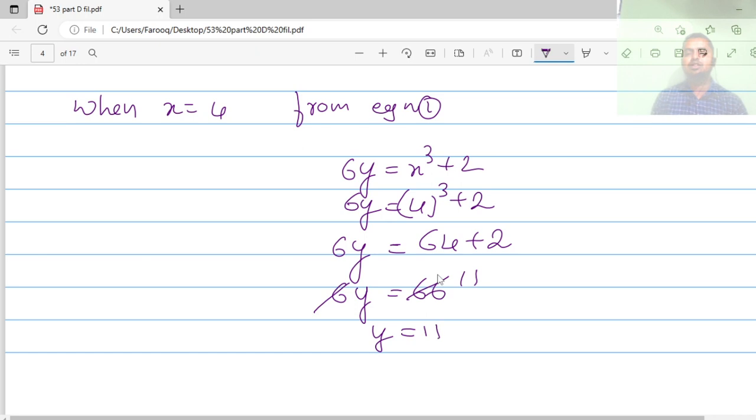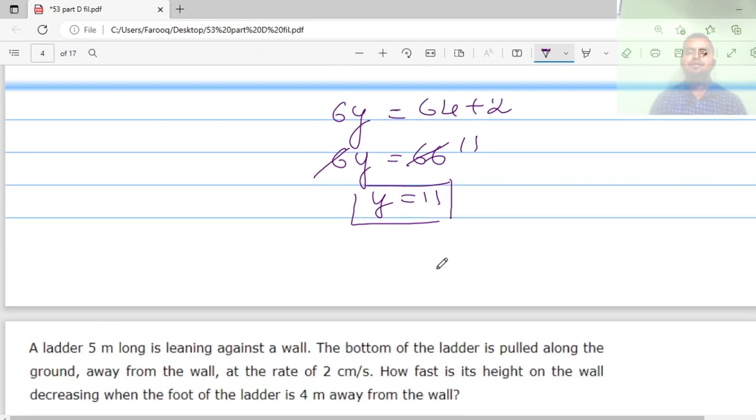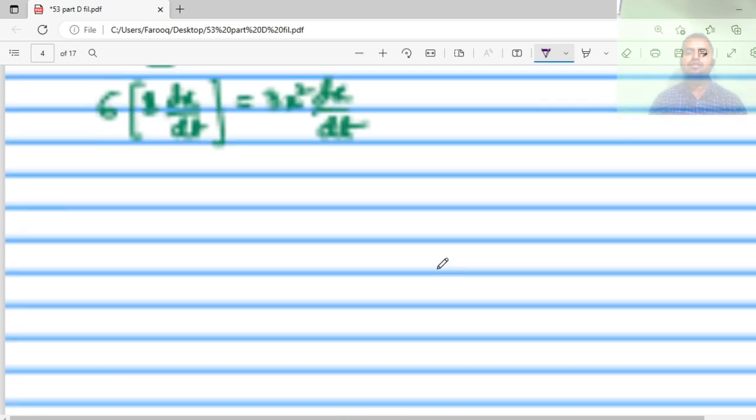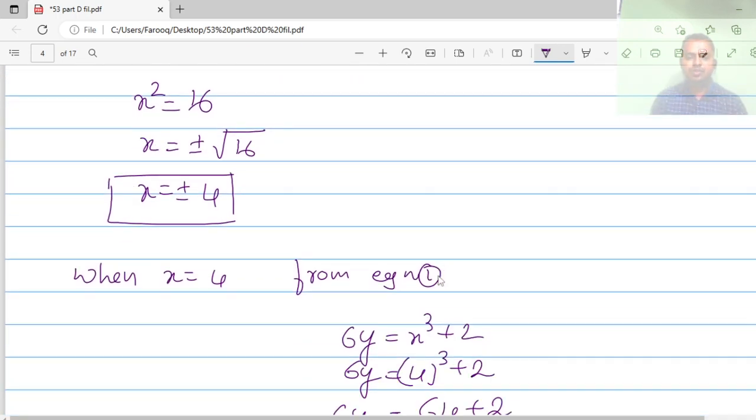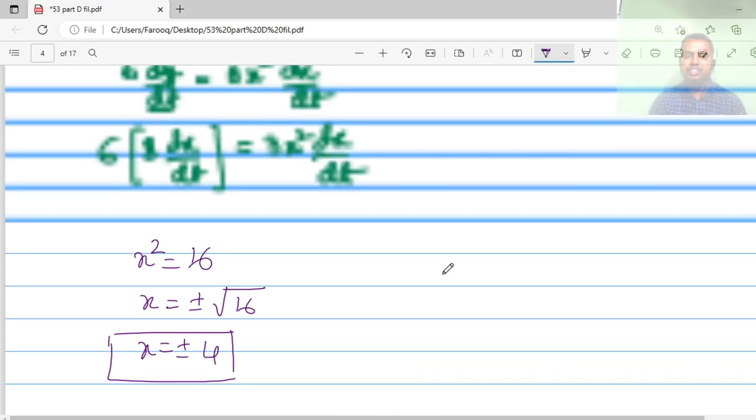Y is equal to 11. So x is equal to 4, y is equal to 11.